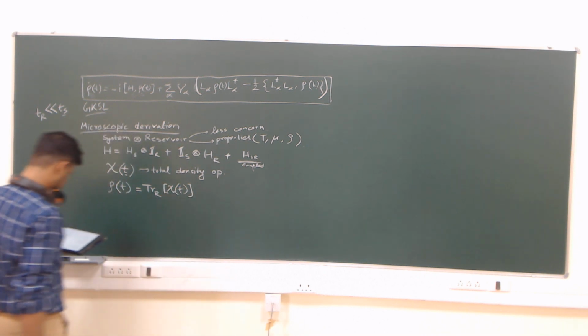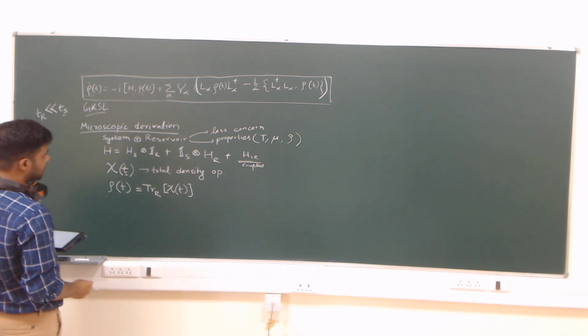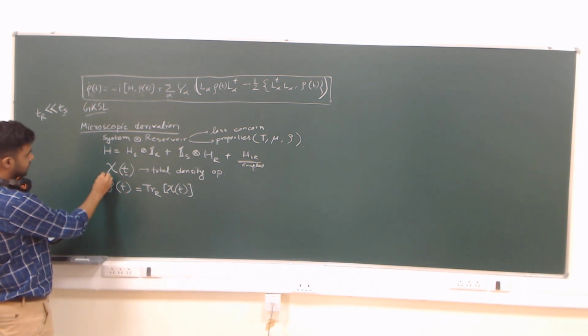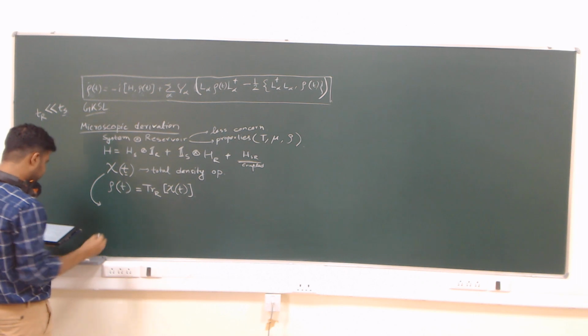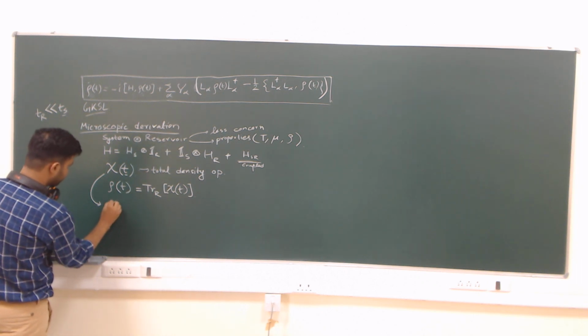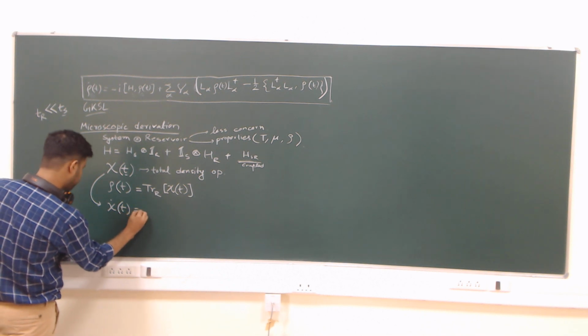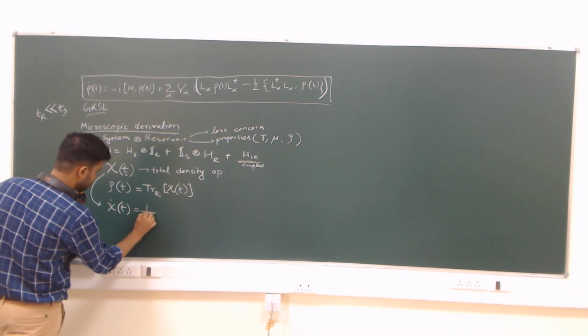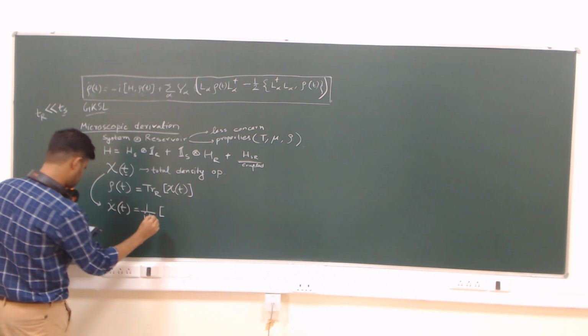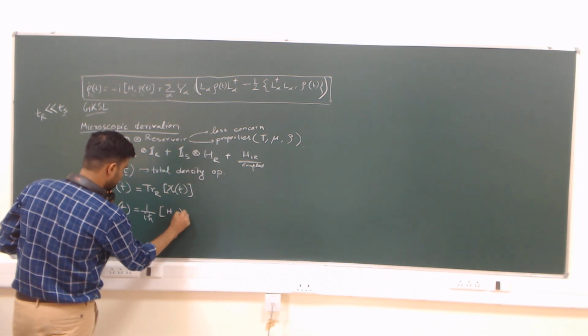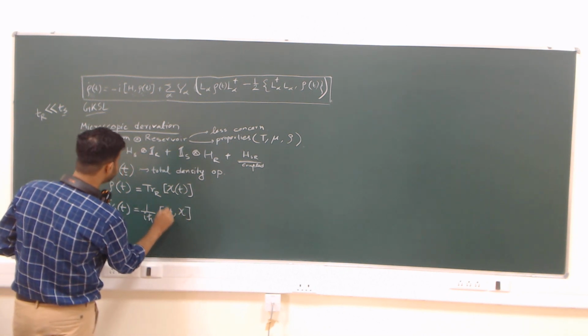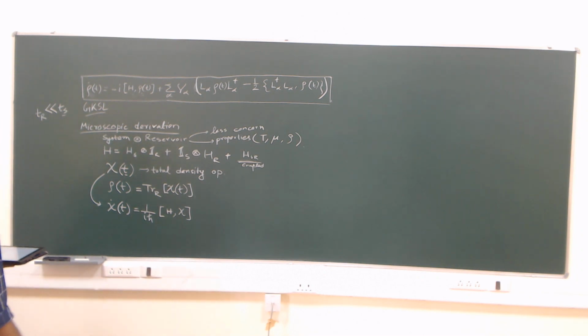The Schrodinger equation for this total density matrix, which is also known as the Liouville-von Neumann equation, is just this. Again, this H is the total Hamiltonian.